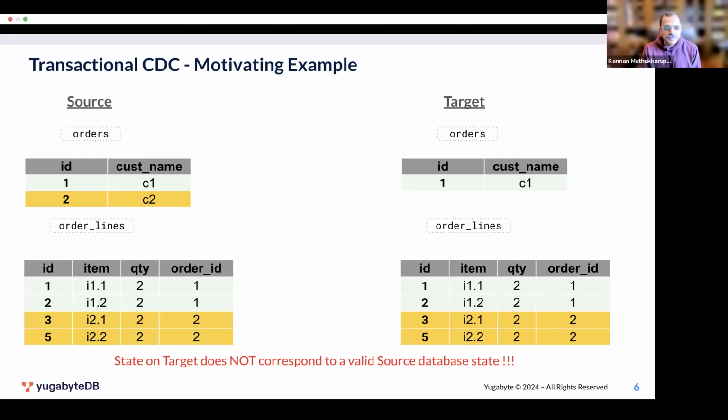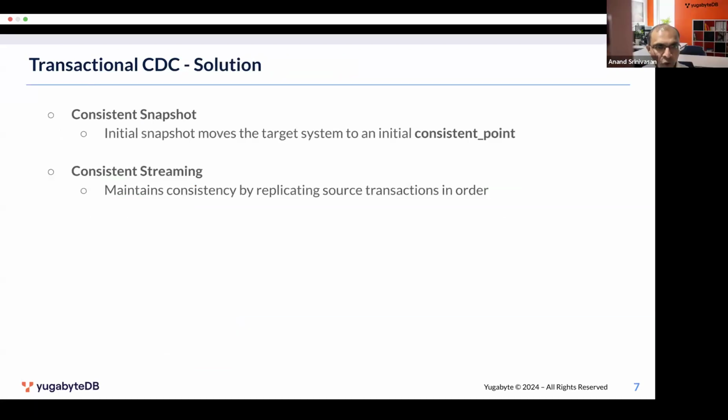Thank you. Now, there are two phases, snapshot and streaming, and there is a role to play in both phases to ensure transactionality or data consistency. In the consistent snapshot phase, a particular state of the source system is identified as your consistent point.